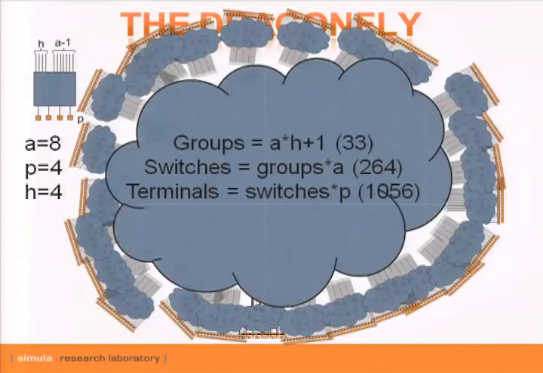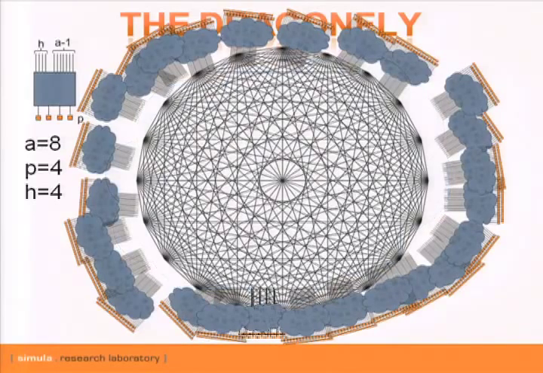More precisely, the entire network will consist of 33 groups, which is computed by this formula, the number of switches in total will be 264, and the network will consist of 1,056 terminals. And as already said, there is a full connection between the groups, just illustrated by this mesh pattern here.